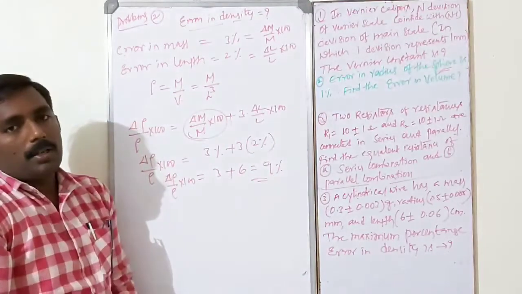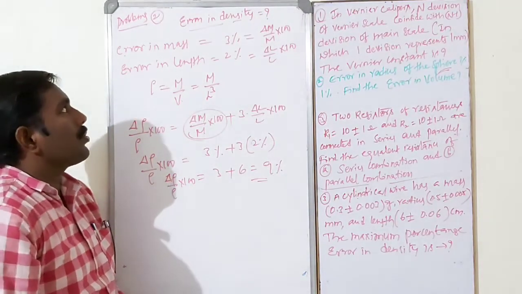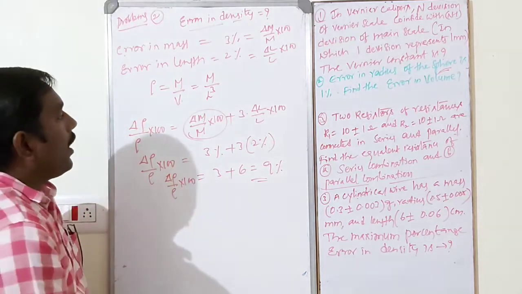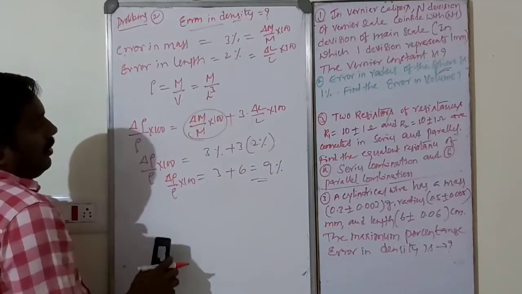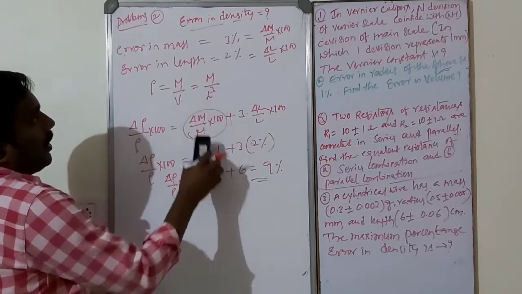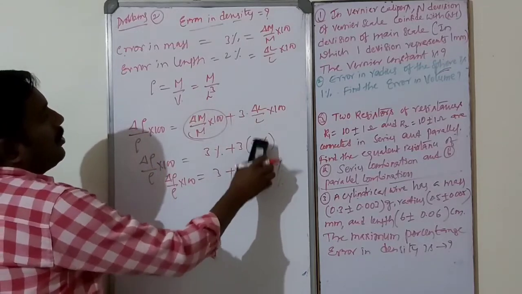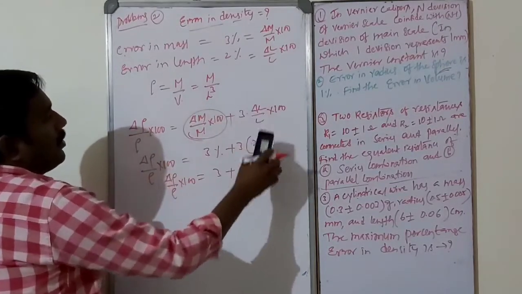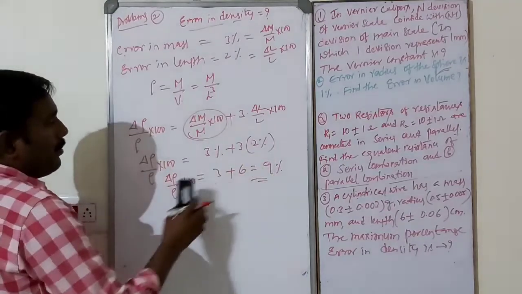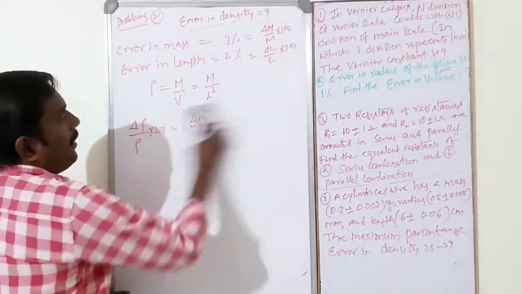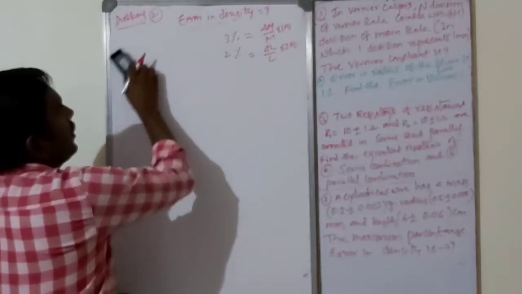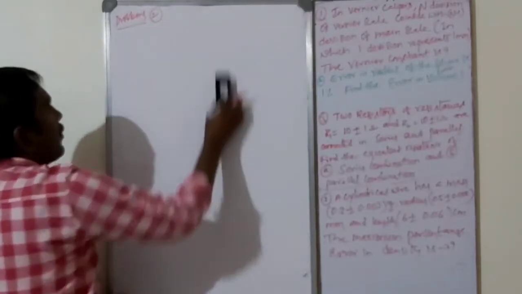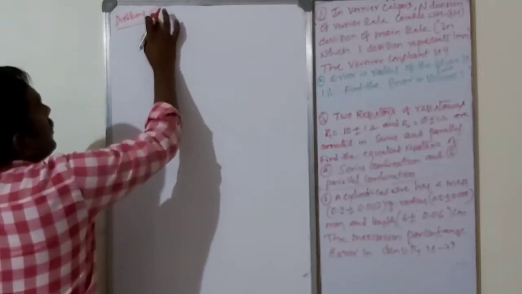See, dear student, this is a very most important one. So this is already given 3, and this is 3 into 2, 6, plus 3, 9%. Next we will discuss another problem, number 3.